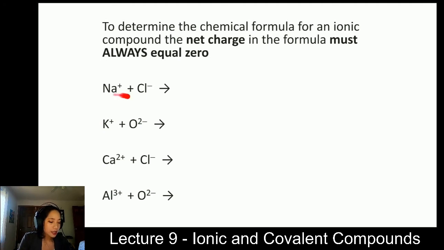So in this example, we have sodium cation and chloride anion. The goal when putting together compounds from cations and anions is to get a net charge of 0 for that completed compound. So in order to determine the chemical formula, you need to have a net charge of 0 in the formula.